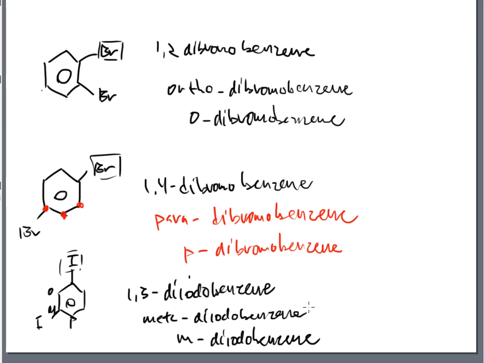Is there a rhyme or a reason? Is there a set of rules to follow when we see benzene rings that do not have groups that are equivalent on them? And you know what the answer to that is. The answer is yes. You know there's going to be a set of rules that you got to follow. But this is the beginnings of naming di-substituted benzenes.